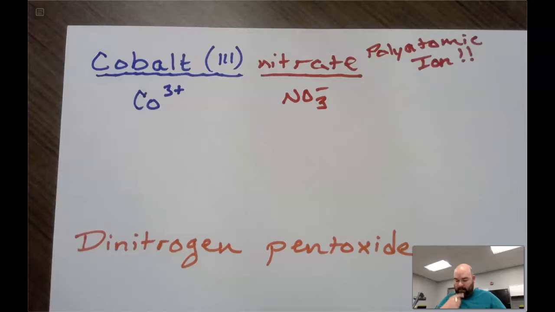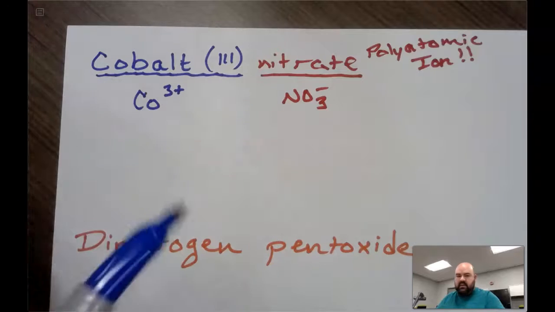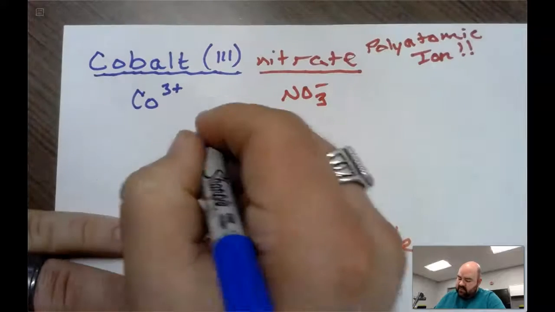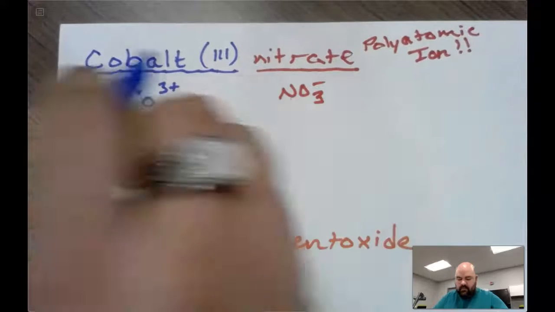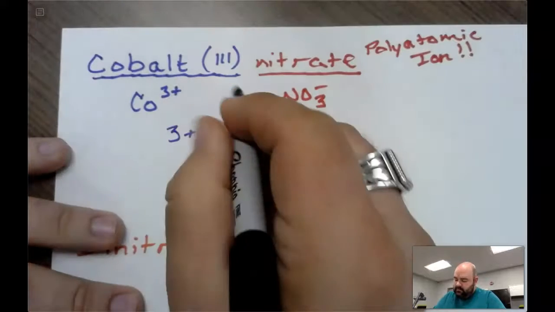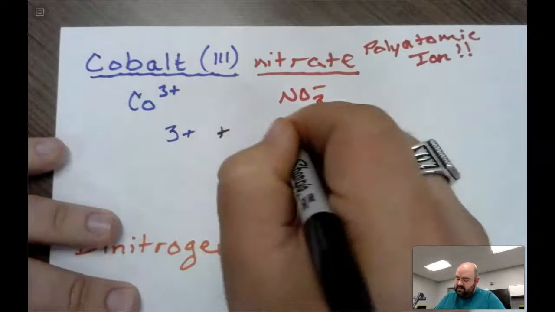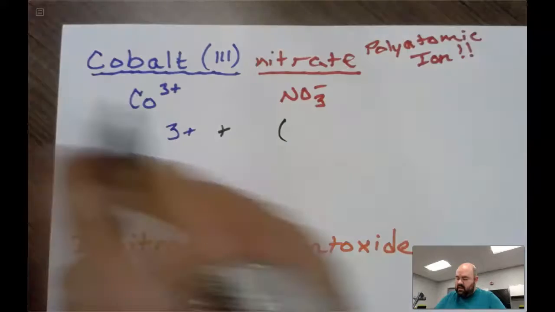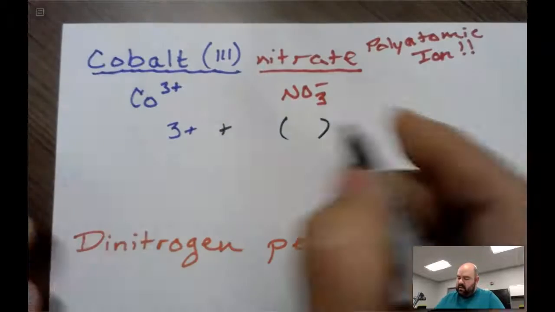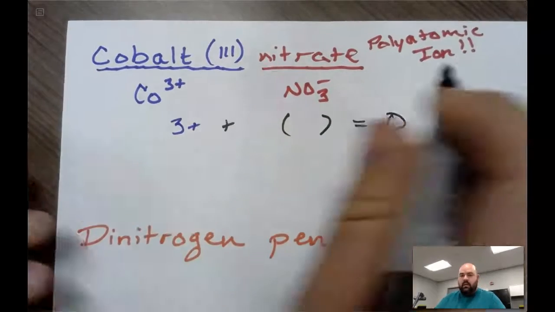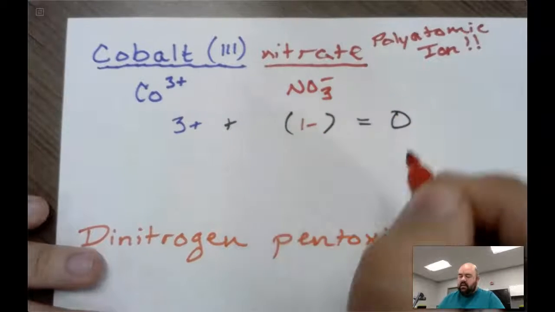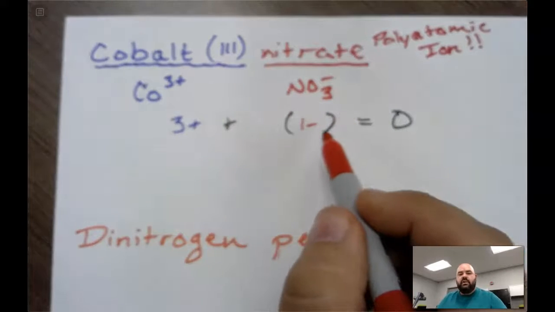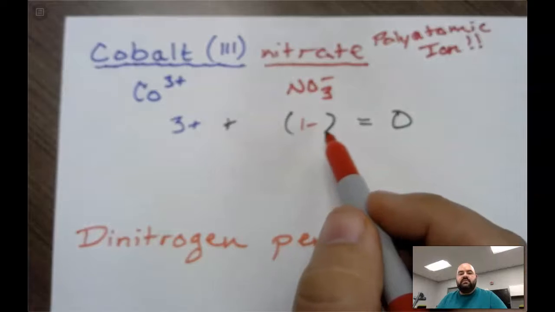So cobalt, in this case, would be 3+, plus a -1 charge, to equal 0. So how many -1 charges would it take to equal 0?